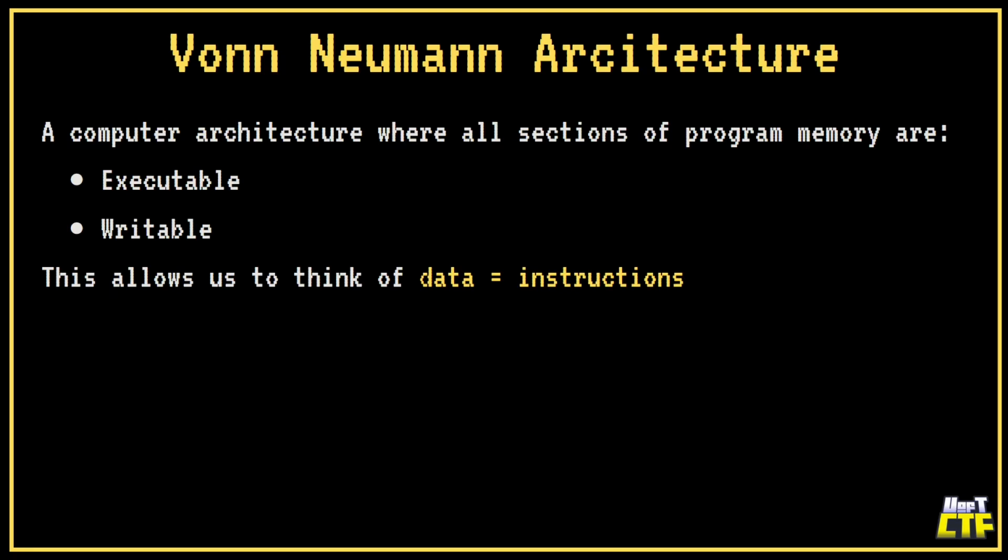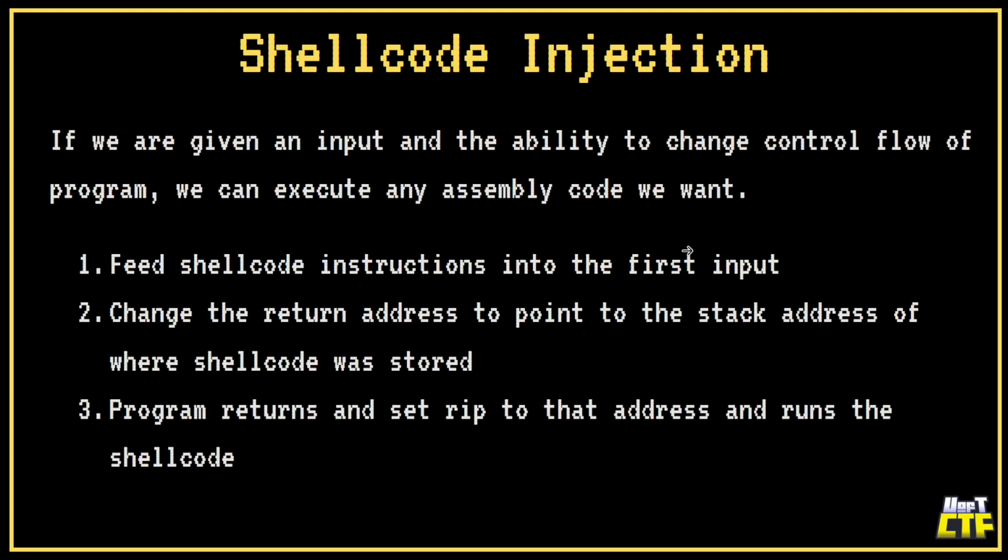Instructions are just bytes of data somewhere, and all of these sections are both executable and writable, because you have to execute instructions and you have to write to data at the same time.